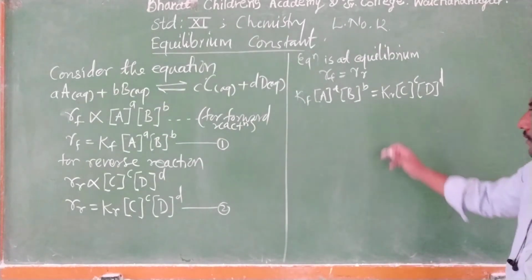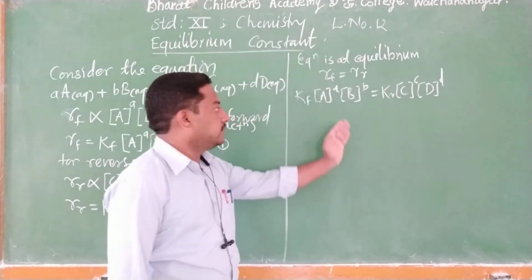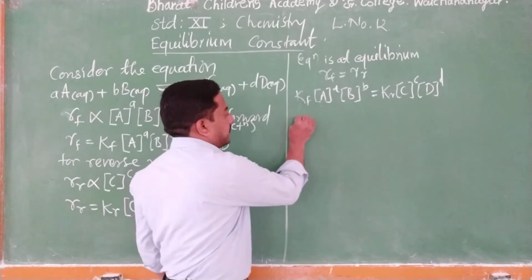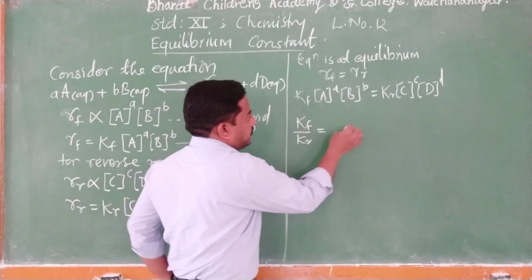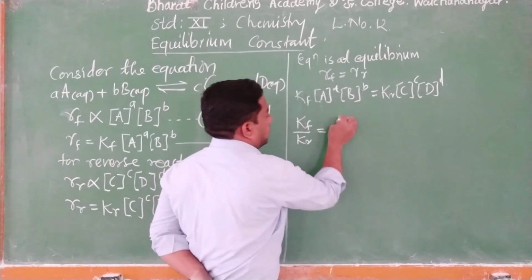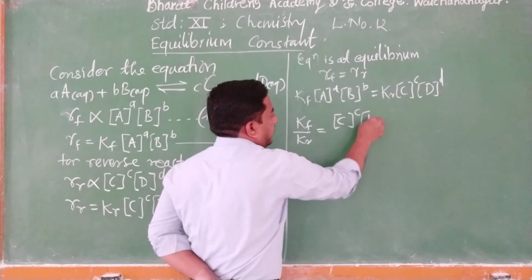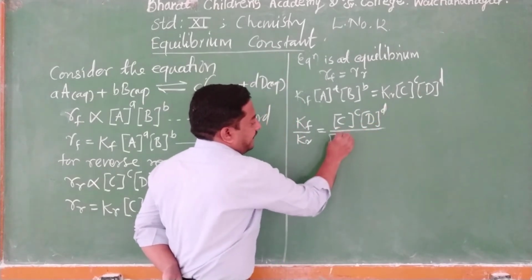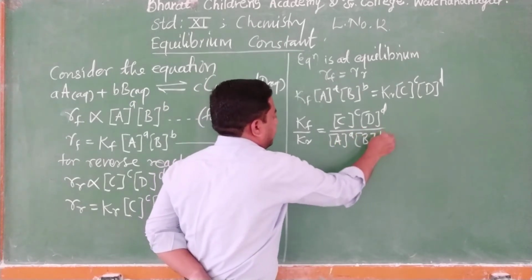Now, similarly, like yesterday, we'll take the similar quantities on one side and let us see what will happen. So Kf upon Kr will be equal to, now this will go on that side, so [C] raised to c and [D] raised to d upon [A] raised to a into [B] raised to b.